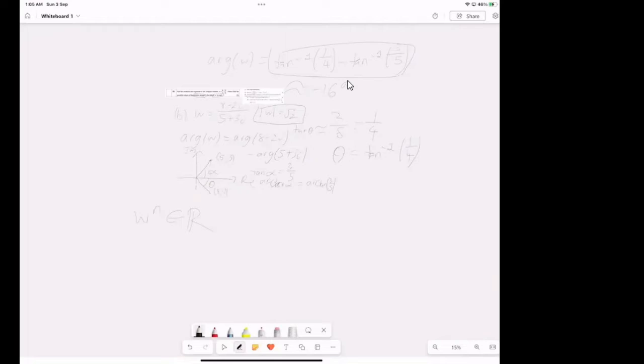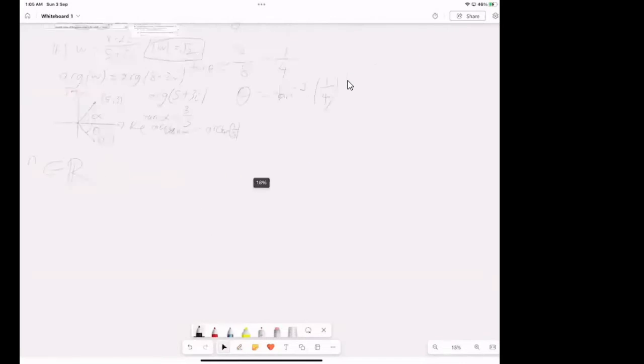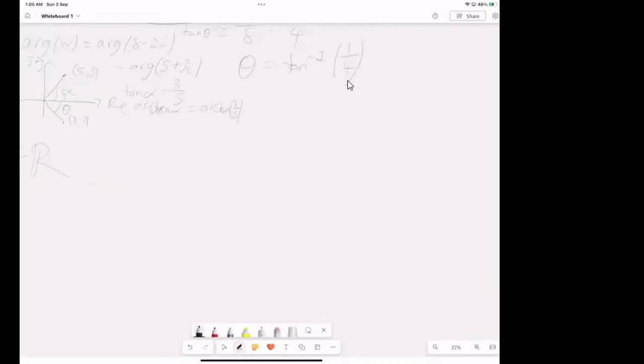It's actually in my notes, but I didn't go through it. This is a type of question where we want W to the power n to be real, positive, negative, or purely imaginary, any kind of combination. I'm going to show you 4 cases that questions usually like to ask.